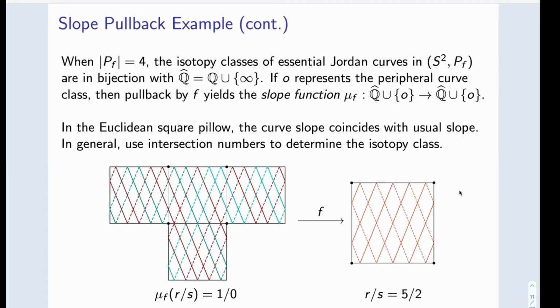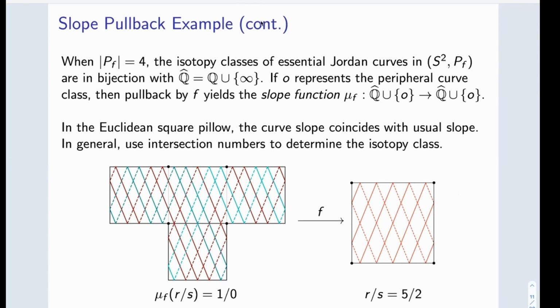So here's an example of the sort of picture that you can get when you look at the slope pullback functions. The representation of this Jordan curve as a particular slope makes a lot of sense on this side, because this is literally going to be slope 5 halves in this picture here.